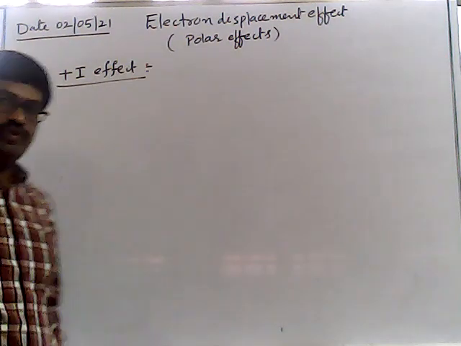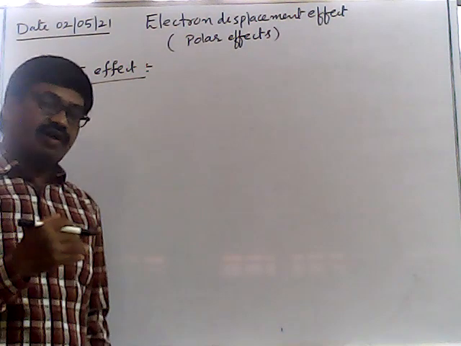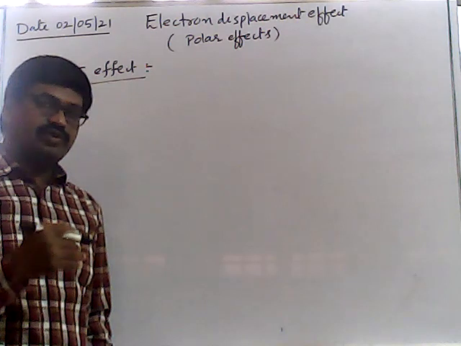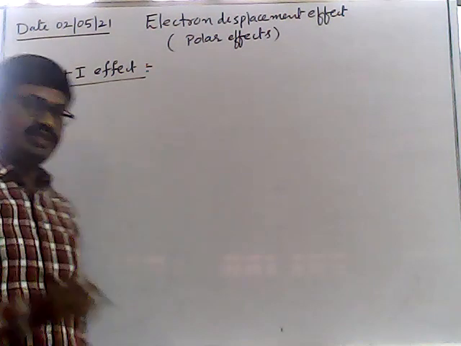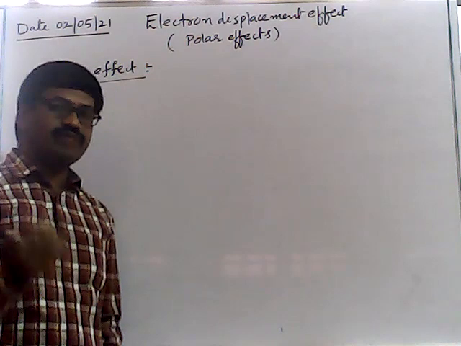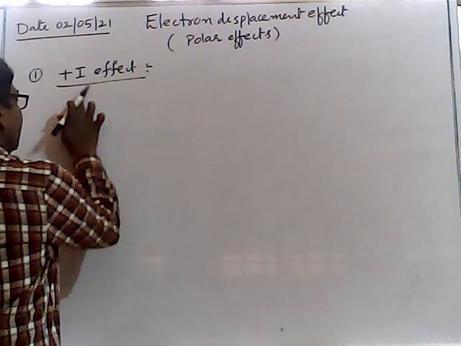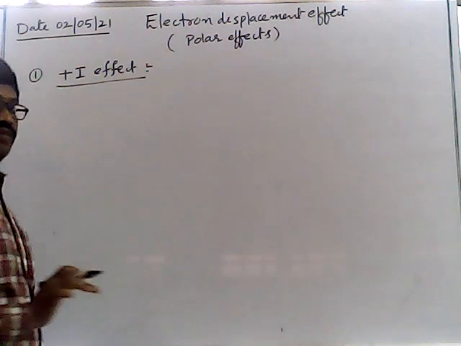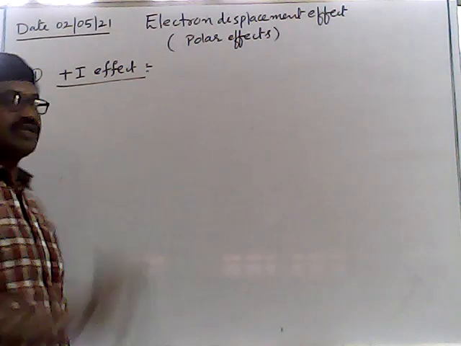Here we have to compare electron attracting power or electron donating power with respect to hydrogen. Hydrogen has no attracting power, no donating power. The group which has more donating power than hydrogen is considered a plus I group.